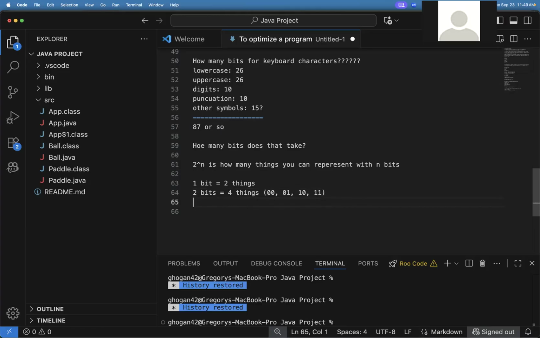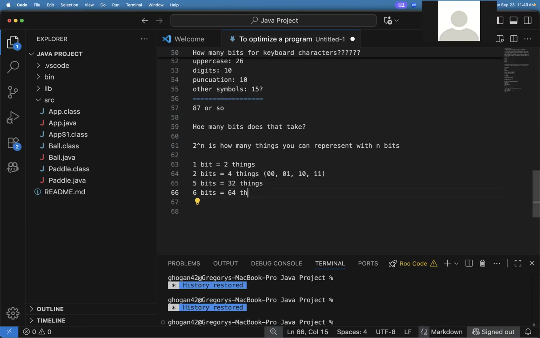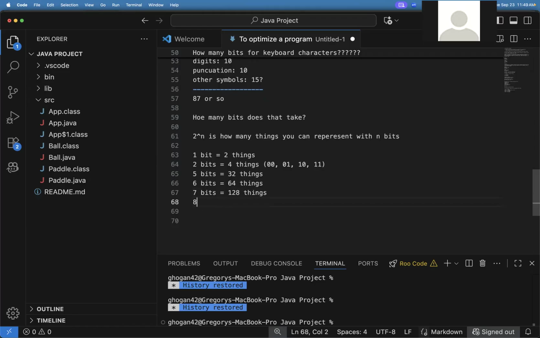Now you keep doing this. I'll skip a couple. I'll go to 5 bits. 5 bits would be 2 to the 5, which would be 32 things. We need to get to at least 87 though, right? So 6 bits, that'd be 64 things we can represent. 7 bits, that would be 128 things. 8 bits, that'd be 256 things.